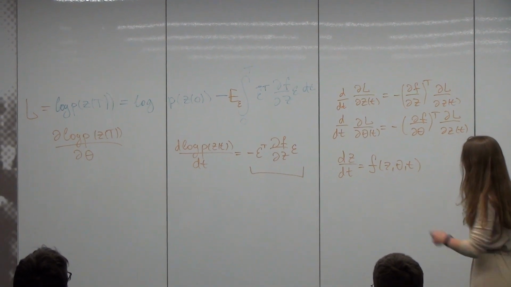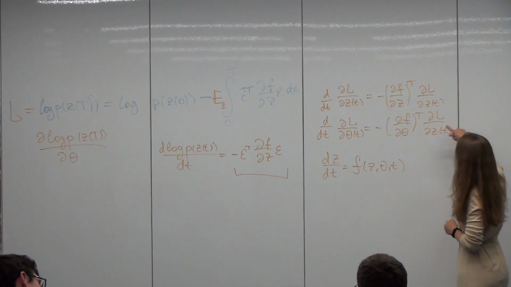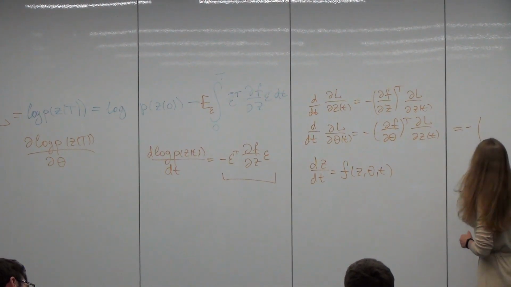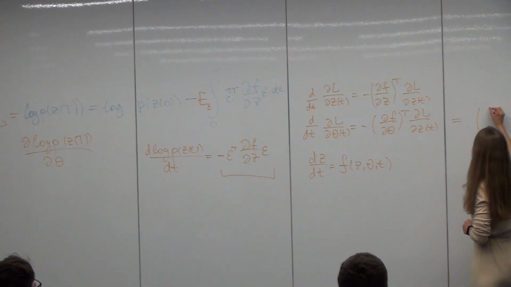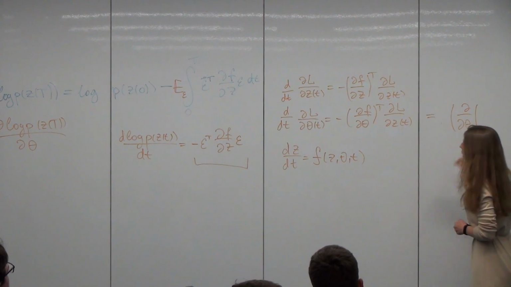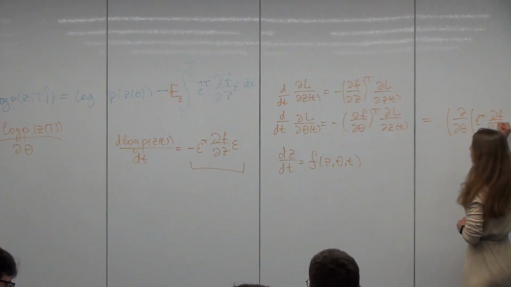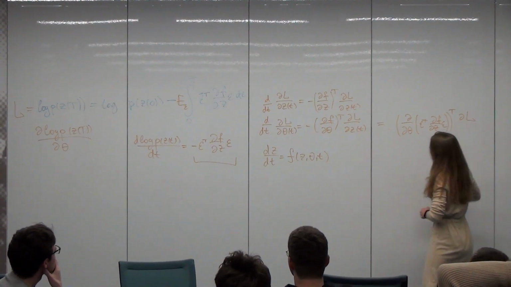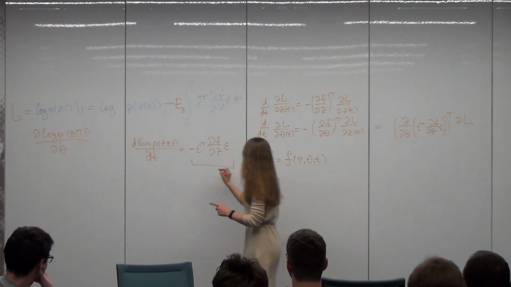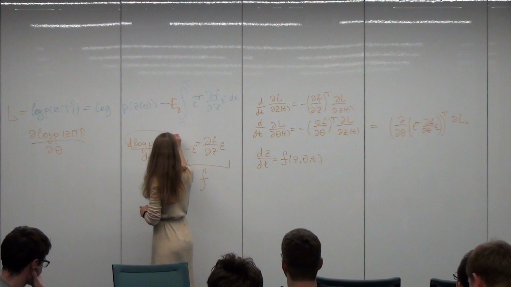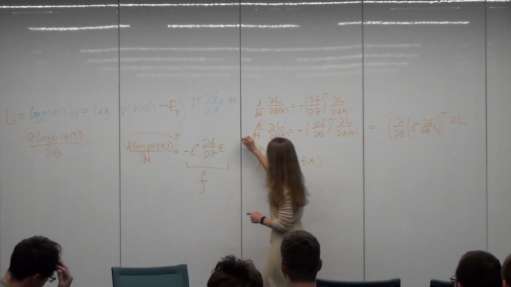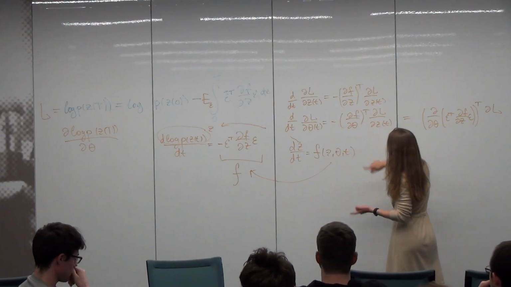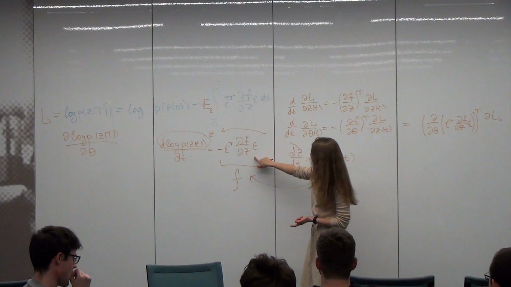So for our loss function, this will be the following: parameters of f and parameters of this dynamics.